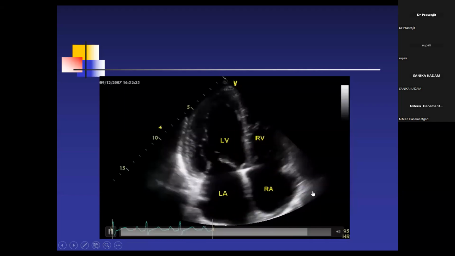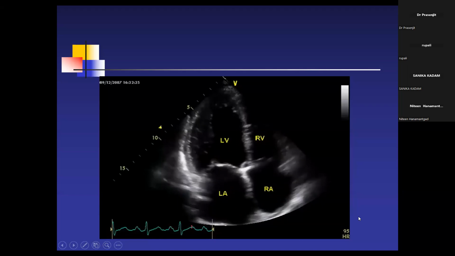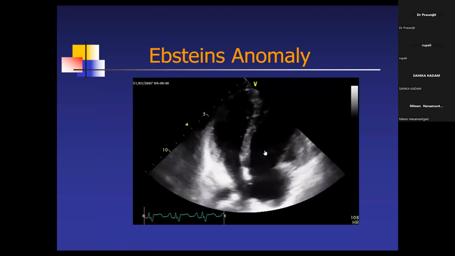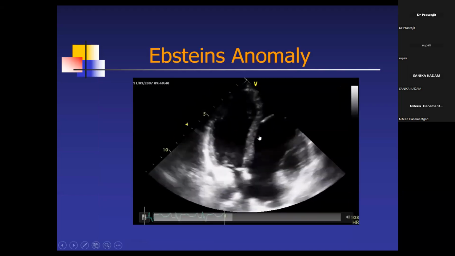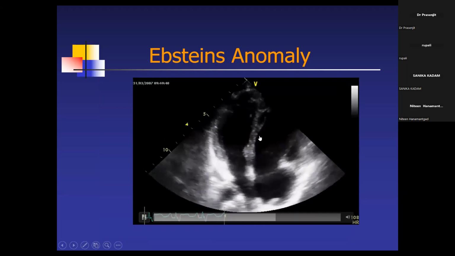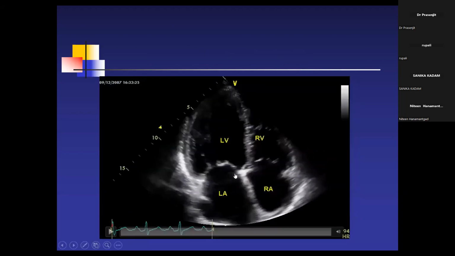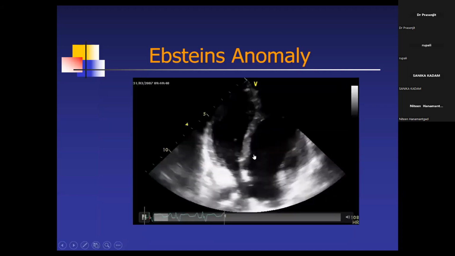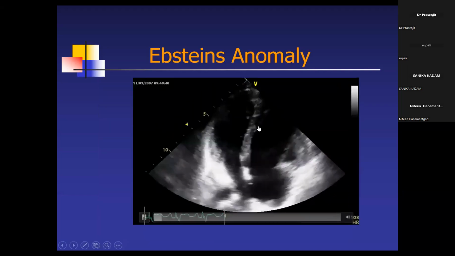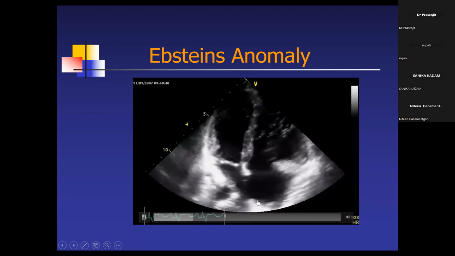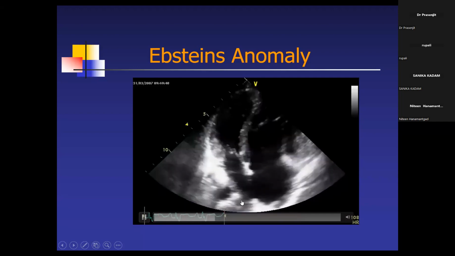You can see here, in Ebstein's anomaly there is a marked displacement of the septal leaflet, whereas normally it is attached very close to the mitral valve. But here you see there is a marked displacement of the septal leaflet toward the apical side, and the RA is dilated.